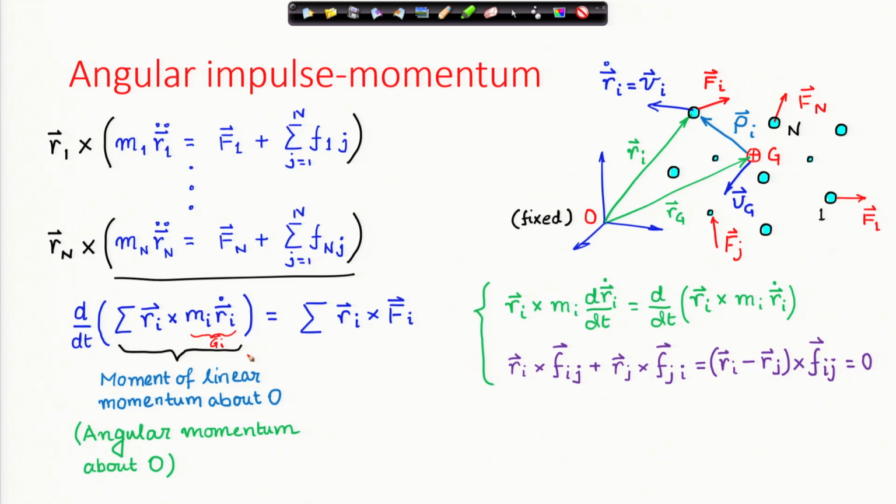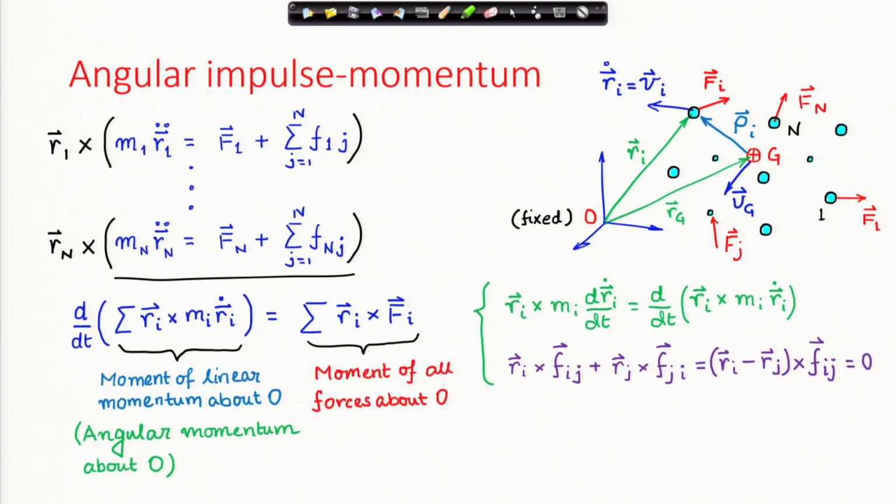So, moment of linear momentum about O, because all these position vectors are being measured from the origin of our coordinate system. Therefore, this bracketed expression is the moment of linear momentum of all particles about O, because there is a sum over. This is also known as the angular momentum of the system of particles about O.